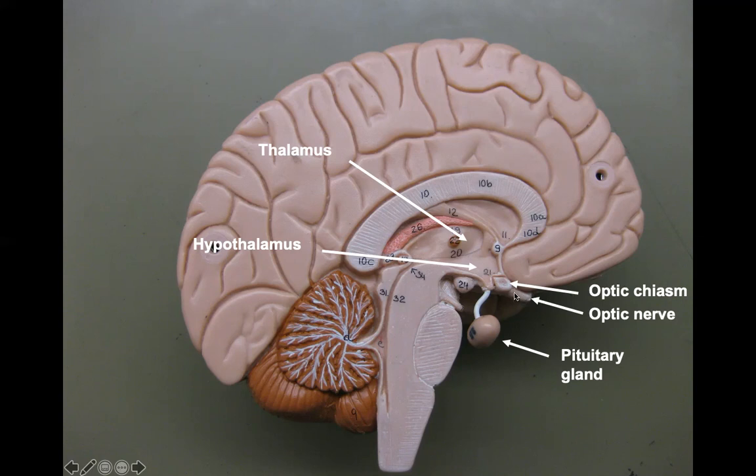And if you look at this region from underneath the brain, it is the area where the two nerves cross, the concept of contralateral, where the signal from the right eye gets sent to the left hemisphere, and the signal from the left eye gets sent to the right hemisphere.